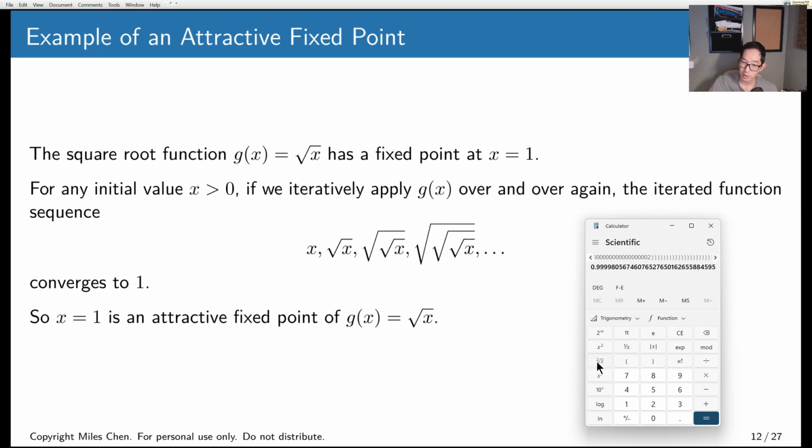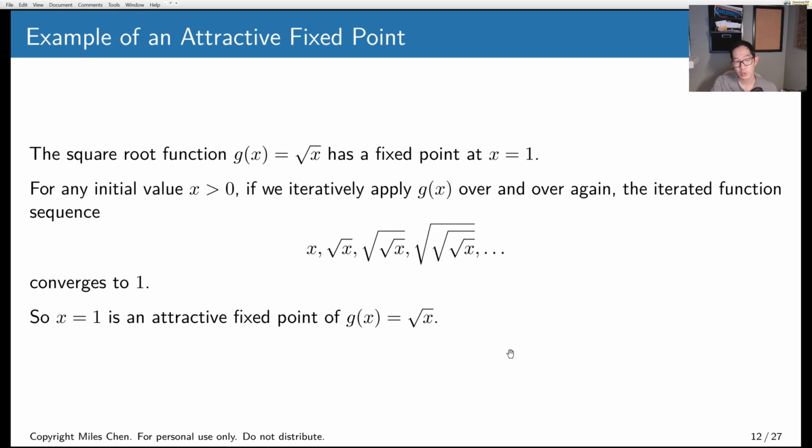As I take more and more square roots, I get something like 0.9999999, and as I continue to hit the square root button, we're going to get closer and closer to 1. So 1 is an attractive fixed point of the square root function.